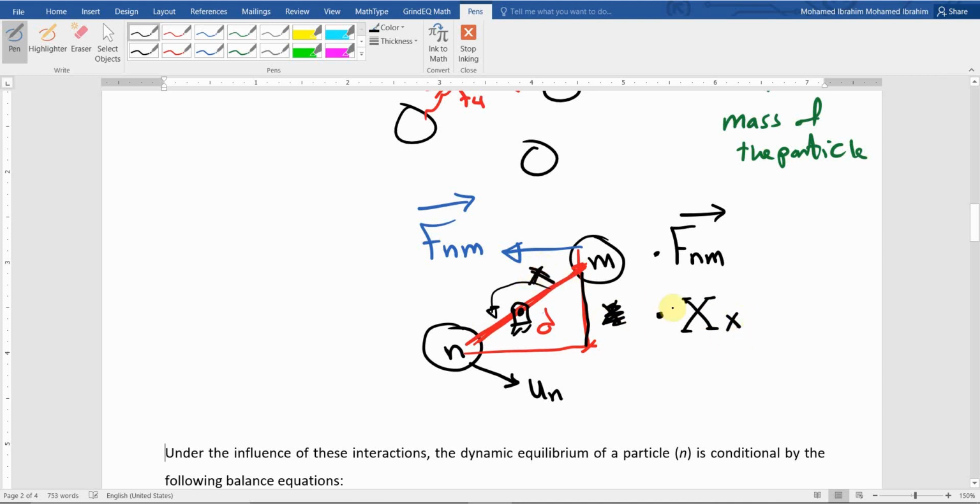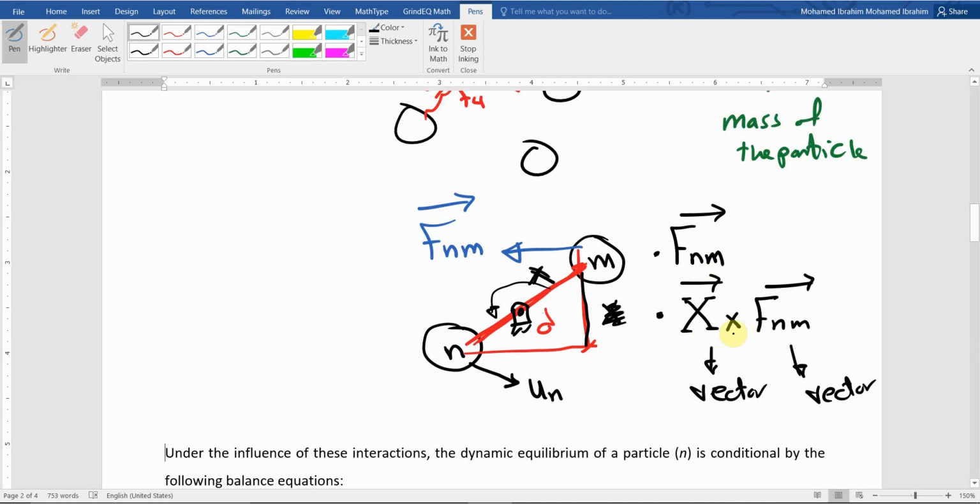The cross product here gives the normal distance. If you take the cross product of this distance between the two particles, x, which itself is a vector, and the force, which is also a vector, it means that we have the cross product of two vectors, as we discussed in vector calculus.